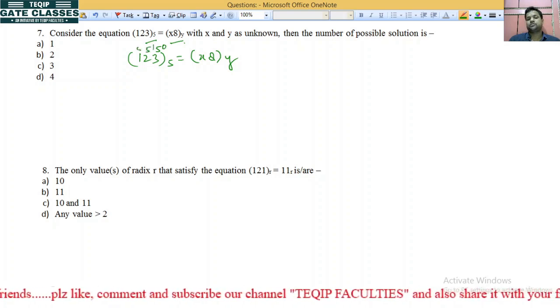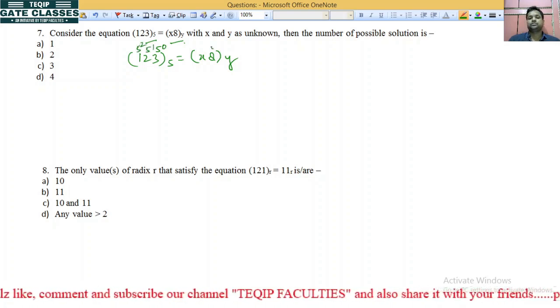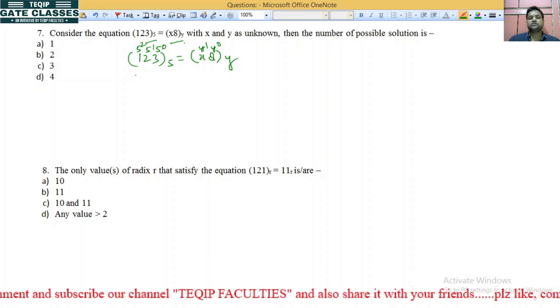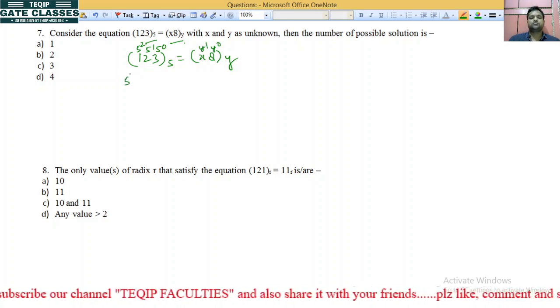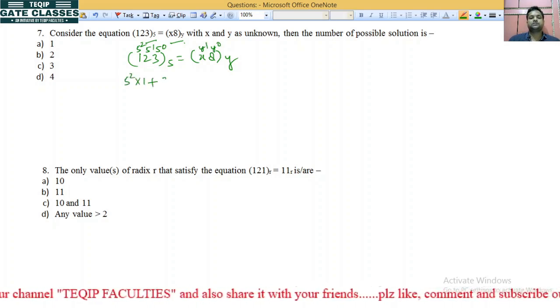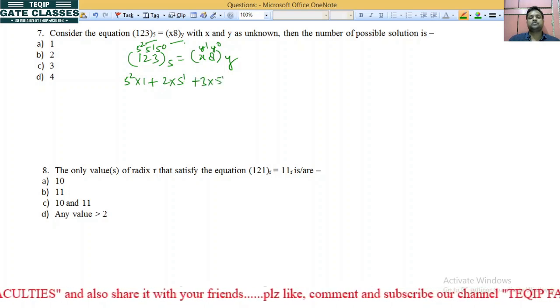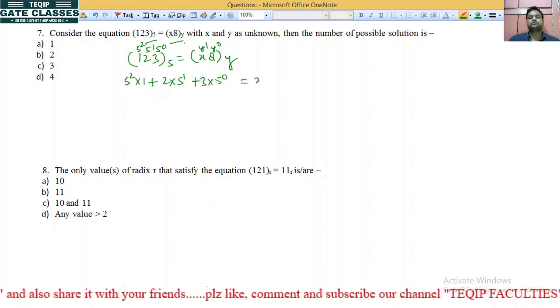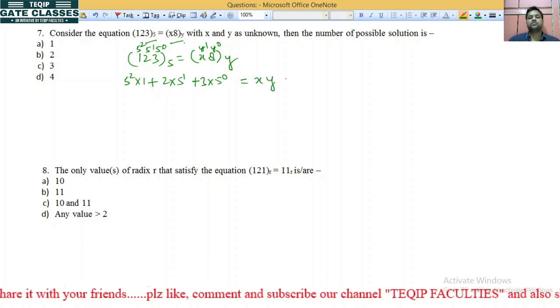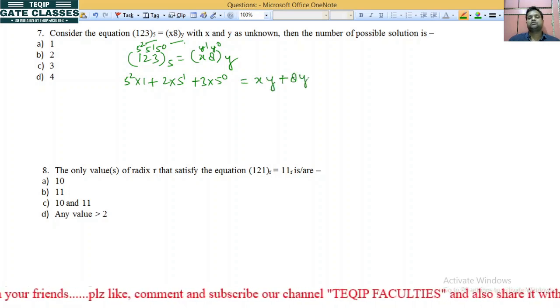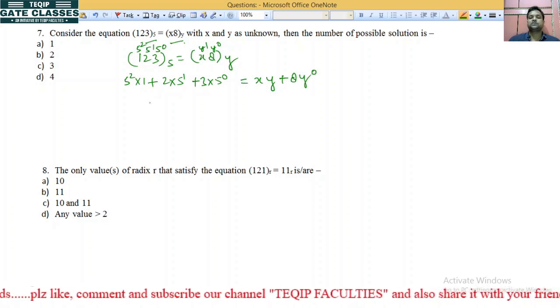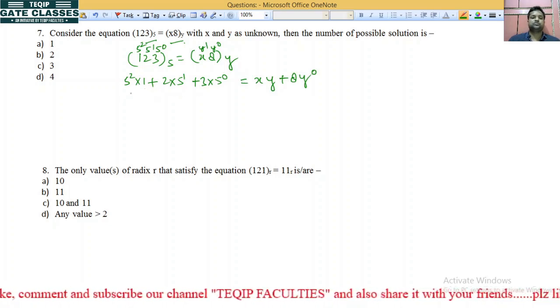That will be 5 to the power 0, 5 to the power 1, 5 to the power 2. It will be y की power 0, y की power 1. 5 square into 1 plus 2 into 5 to the power 1 plus 3 into 5 to the power 0. Then x into y to the power 1 plus 8 into y की power 0, now in decimal.